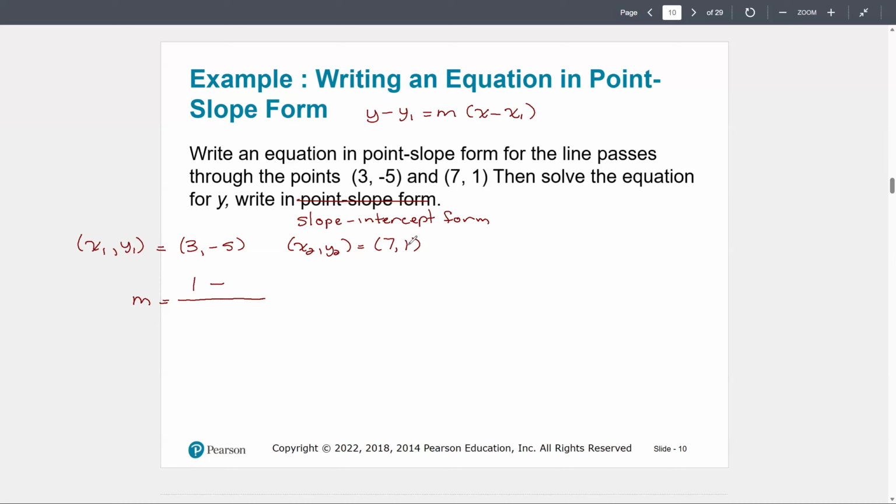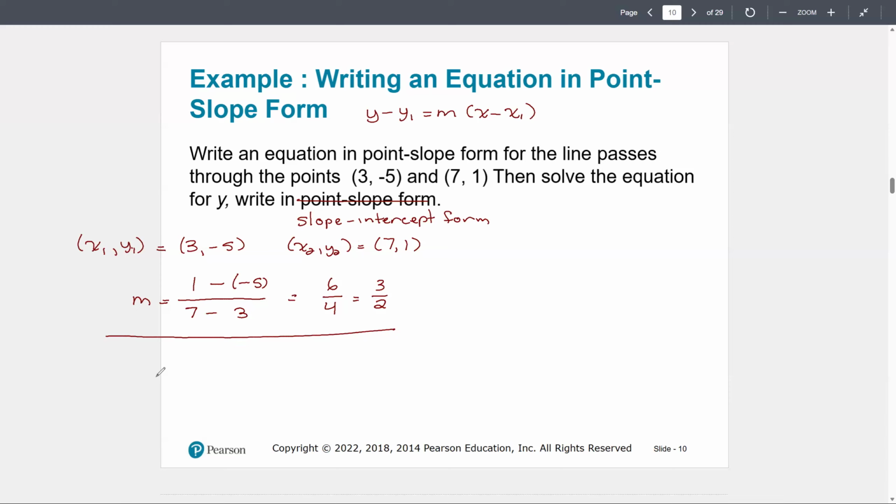Or another way you can think about it is I have to put the 1 here, so then the 7 has to go underneath it. And then this is my y1, so -5. And then the x has to go underneath it. So I'm going to end up with 6/4. So I get a slope of 3/2. Just double checking it. Yep, that'd be it.